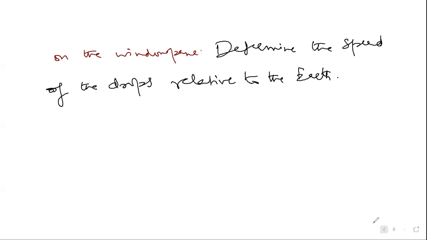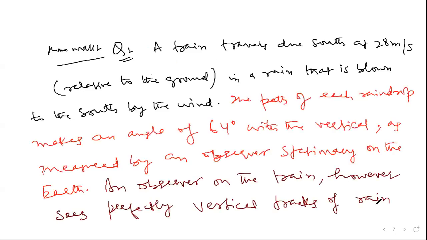Let me repeat the question. A train travels due south at 28 meters per second relative to the ground in a rain that is blown to the south by the wind.